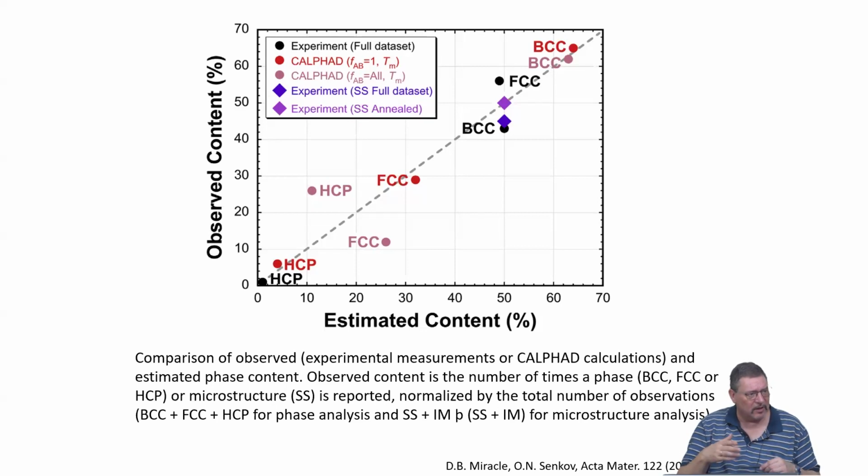And if you take also smaller numbers, like maybe out of the so many binaries, only half of them have been assessed, then the FAB would be 0.5.